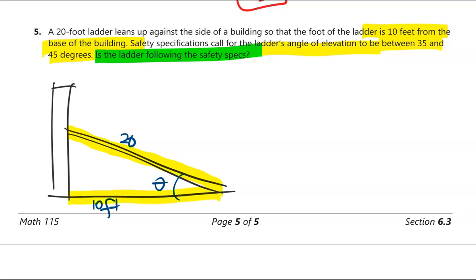So we have here 10 feet. So this is our angle. We have these two sides here. We have adjacent and hypotenuse, right? So this is the adjacent side and this is the hypotenuse. So we're using SOHCAHTOA, and we're going to use cosine.